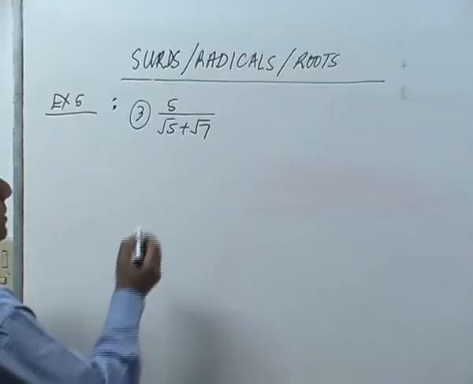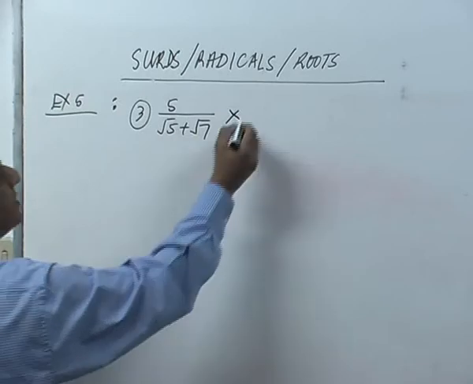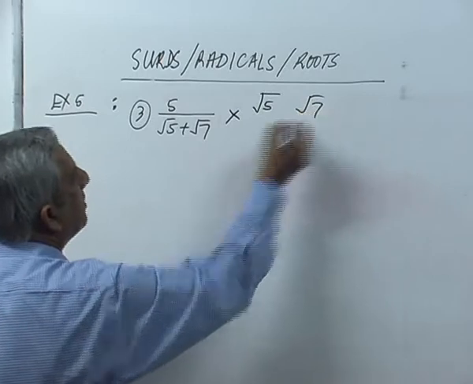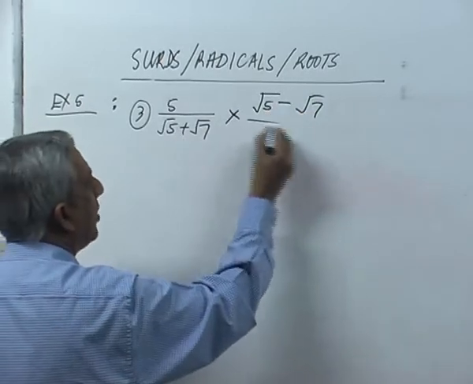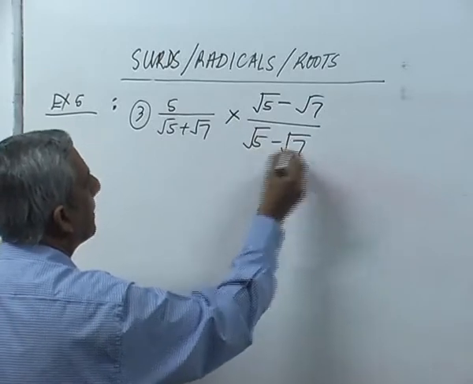Right. So in this example, we'll have to multiply by, look at the denominator, square root of 5, square root of 7. Because this is plus, here we must have a minus sign. Right.